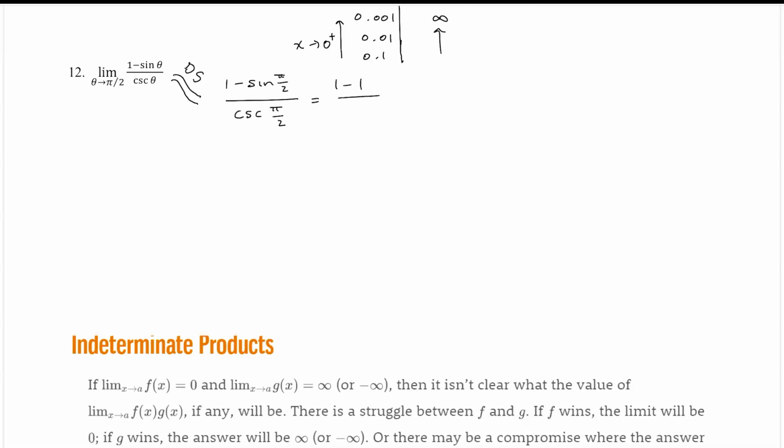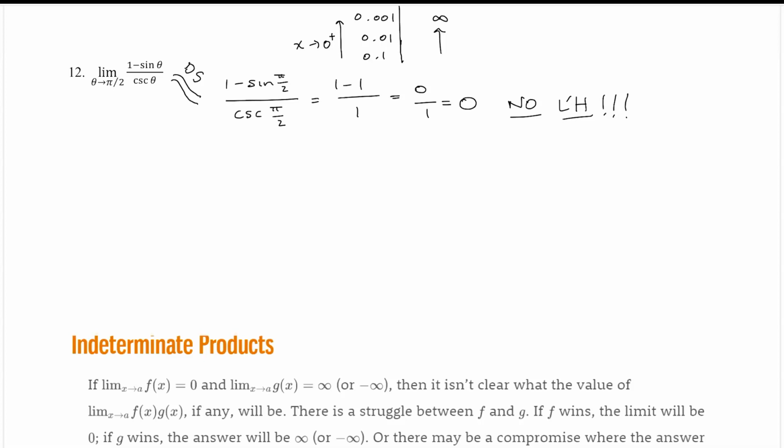Remember, cosecant is 1 over sine. So we have here 1 minus 1 in the numerator, and the cosecant of pi over 2 is actually 1, because the sine of pi over 2 is 1. So in fact here we have 0 over 1, which equals 0, and we never have to use L'Hopital's rule.